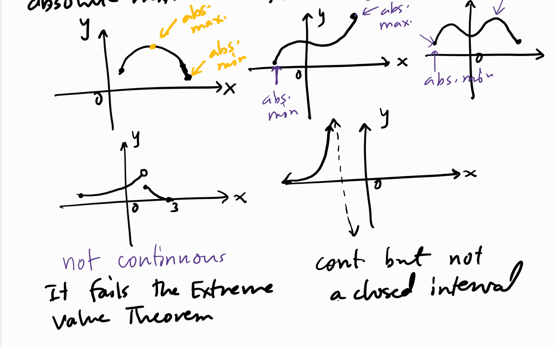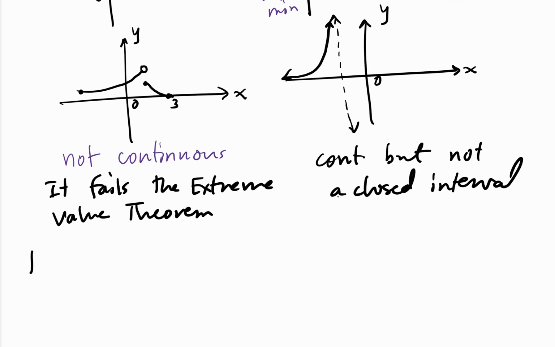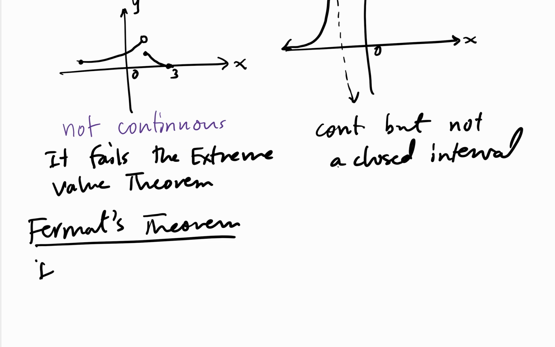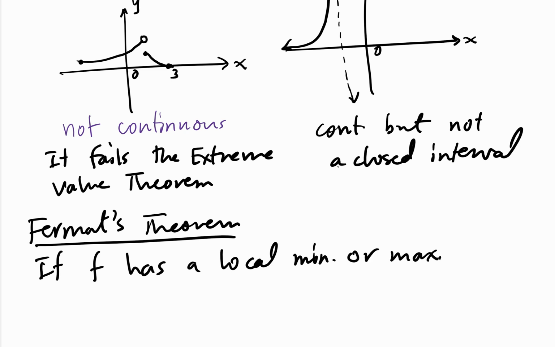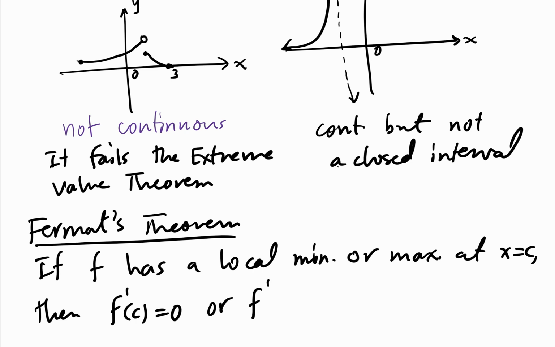Another theorem to state is called Fermat's theorem. Fermat's theorem says if f has a local min or max at x equals c, then f prime at c is 0 or f prime at c does not exist.